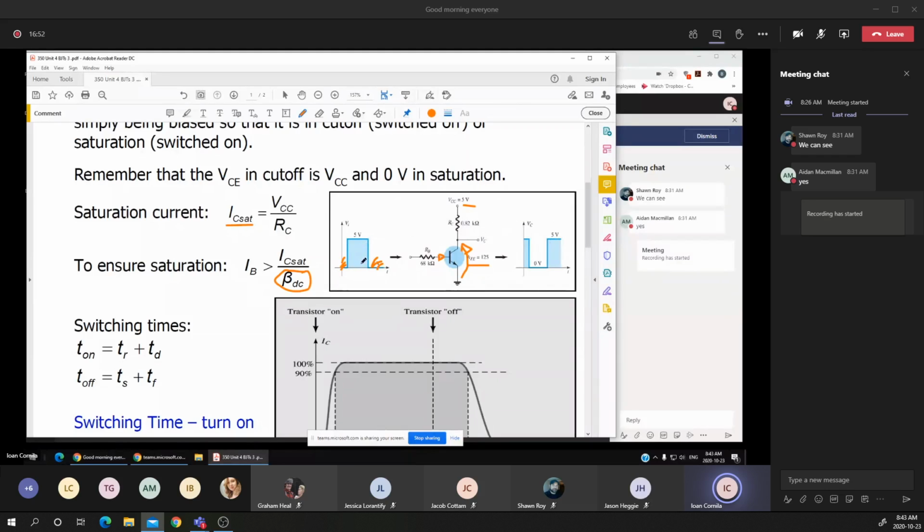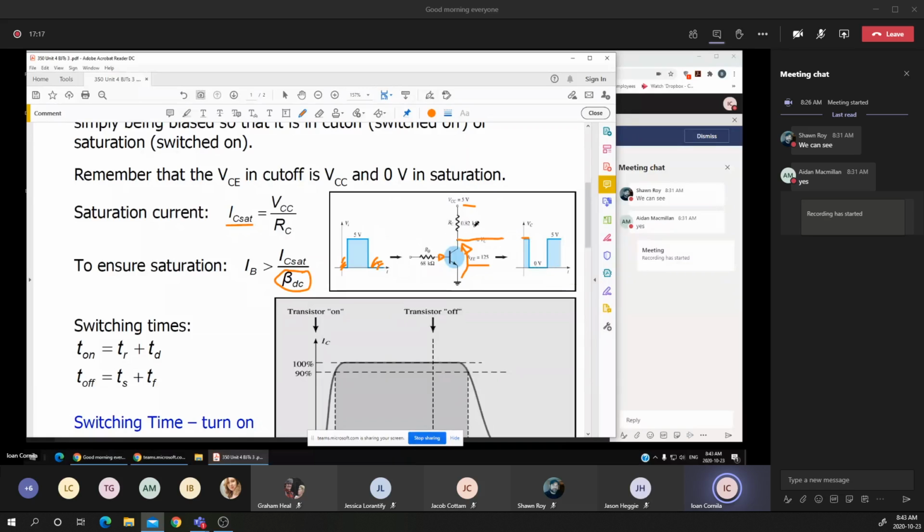Now, what did you notice? What's the most important part of this diagram? I'm applying zero, but I'm getting the VC, or the output voltage, as the maximum voltage, and vice versa. Once I'm applying a large voltage, 5 volts in this case, I get zero voltage.